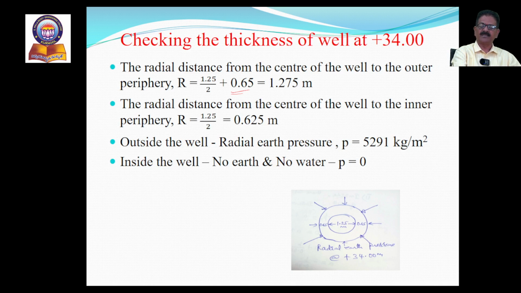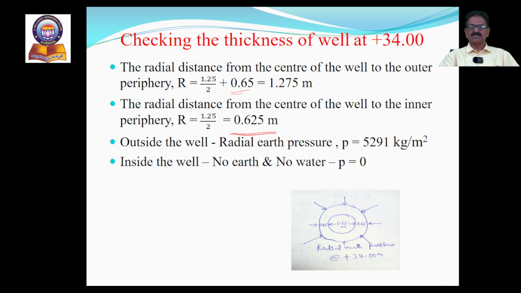Therefore the radial distance for the outer periphery is 1.275 meters, whereas the inner surface radial distance remains the same, there is no change. So inner diameter divided by 2, that is 0.625 meters only. Only the radial distance to the outer surface is changed.